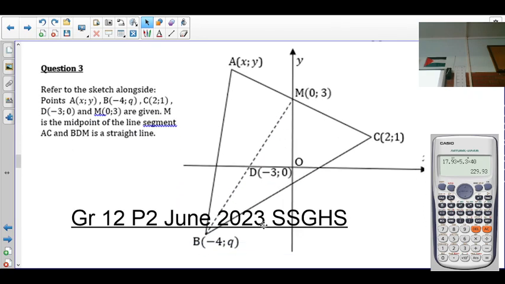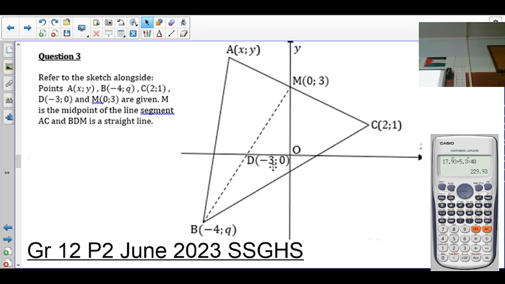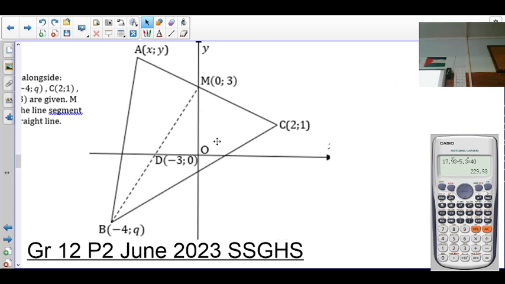Right, in question 3.1, refer to the sketch alongside. We are told that A is (x, y), B is (negative 4, q), C is (2, 1), D is (negative 3, 0), and M, which is (0, 3), is the midpoint of line segment AC. We are also told that B, D, M is a straight line.